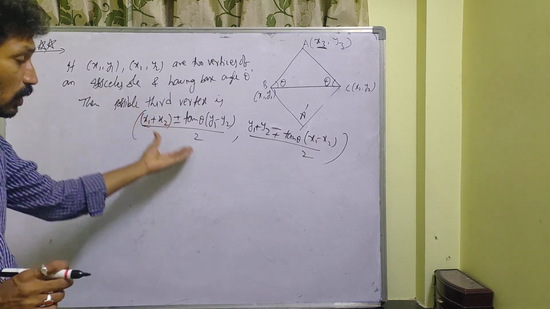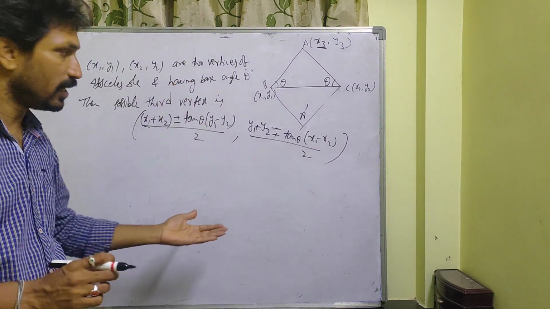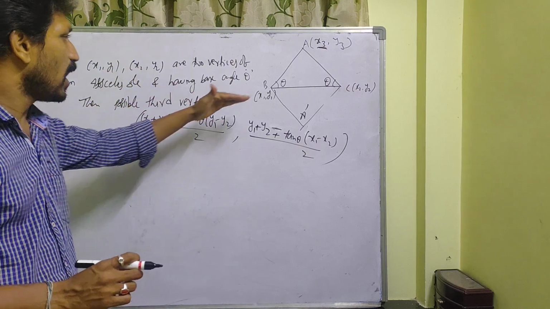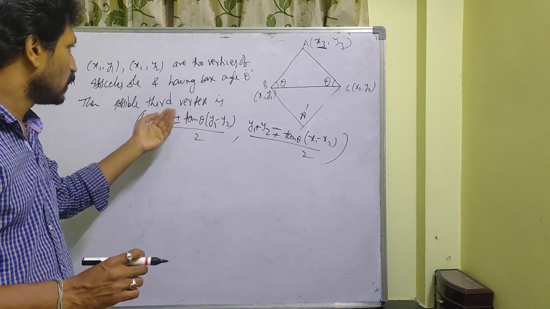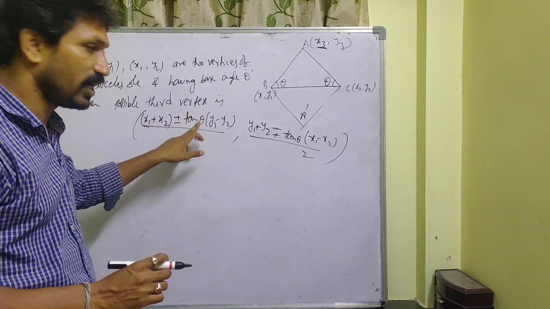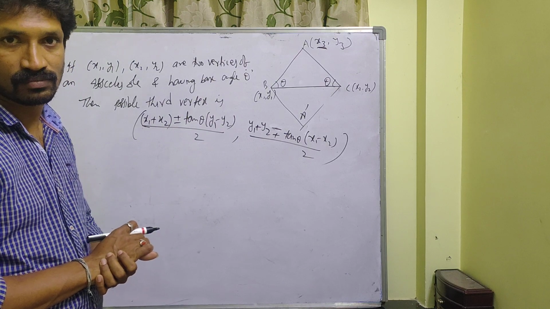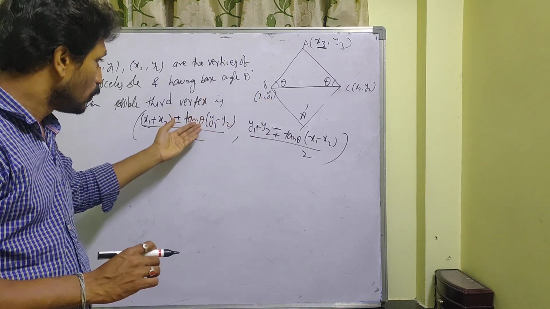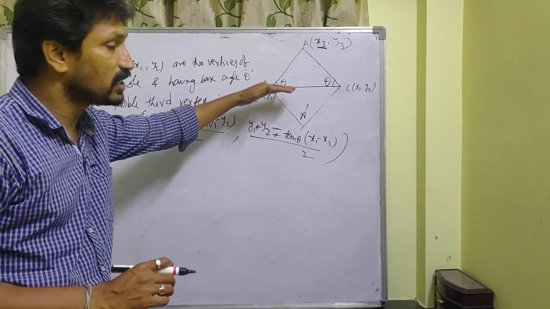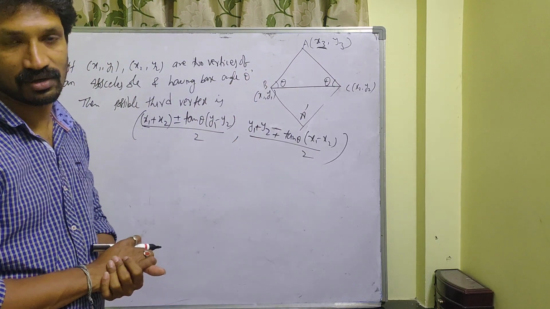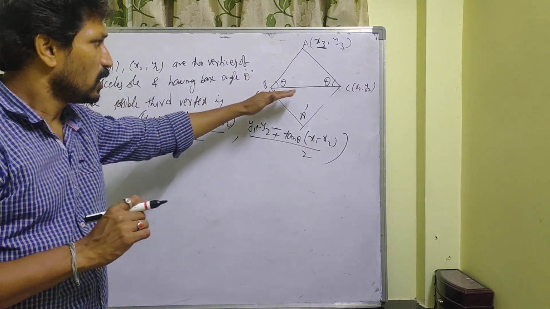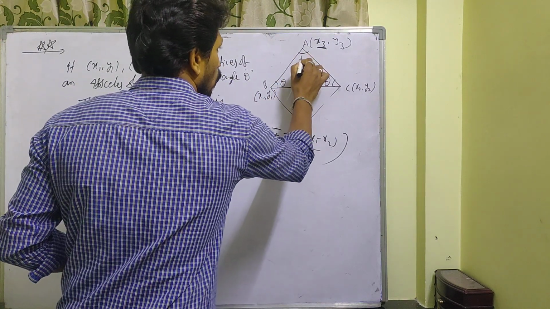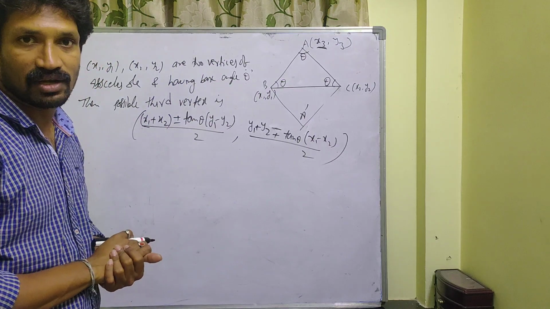If you remember this simple formula, we can derive different formulas. If it is an equilateral triangle, use 60 degrees in the place of theta. Be very careful: an isosceles triangle means the two base angles are equal, but if the third angle is also equal to theta, then it becomes an equilateral triangle.